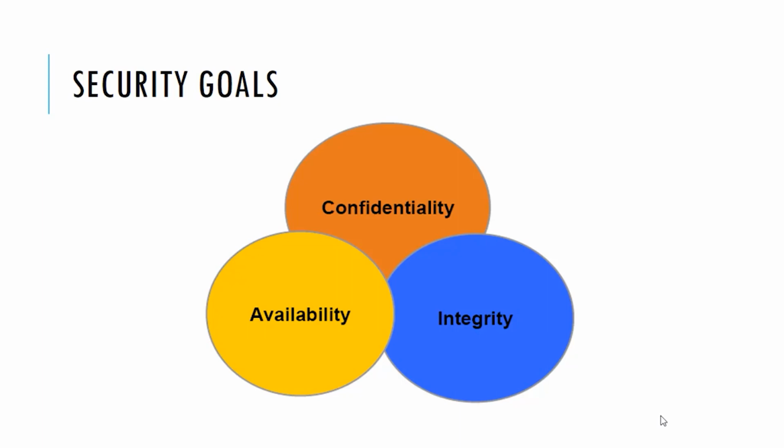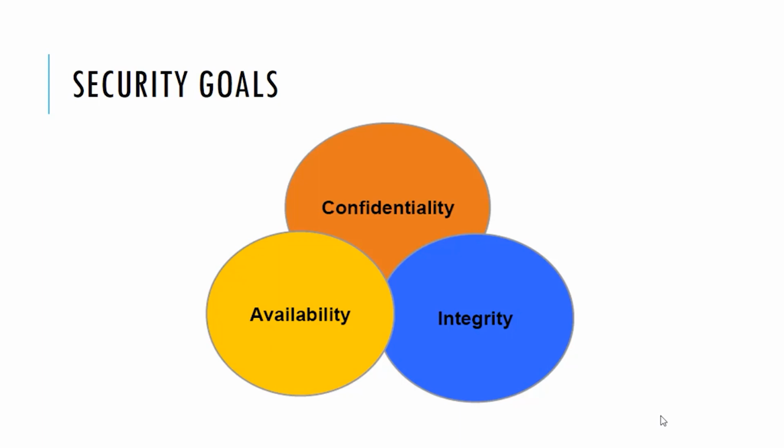Confidentiality is keeping information and resources away from being read or being known by illegitimate users. Integrity is keeping it away from change and modification. Availability is keeping it alive, keeping it valid, keeping it there for the legitimate users to access.